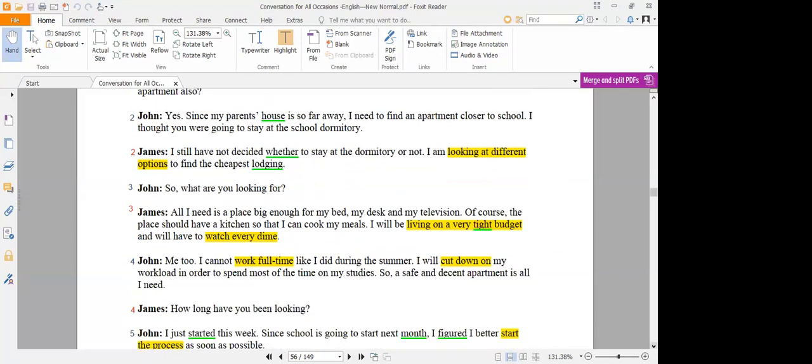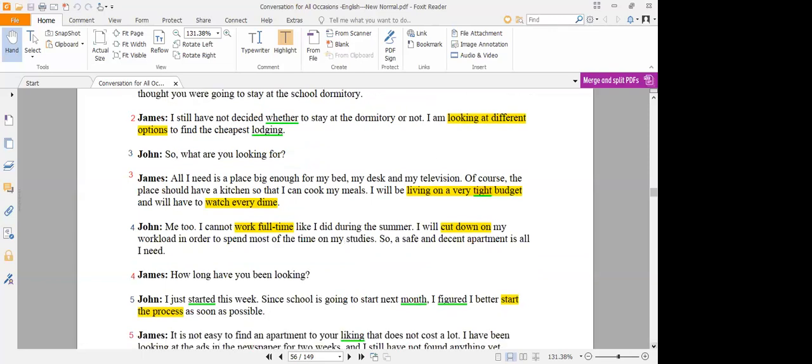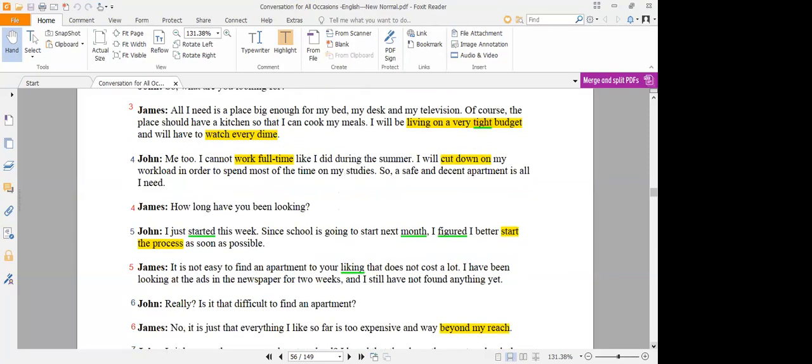So, what are you looking for? All I need is a place big enough for my bed, my desk, and my television. Of course, the place should have a kitchen so that I can cook my meals. I will be living on a very tight budget and will have to watch every dime.